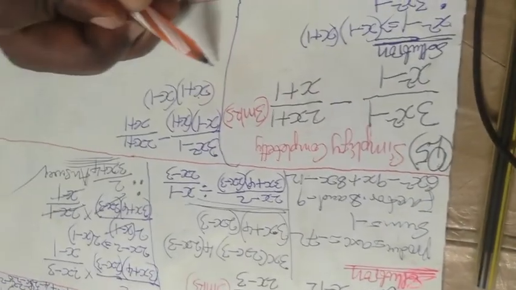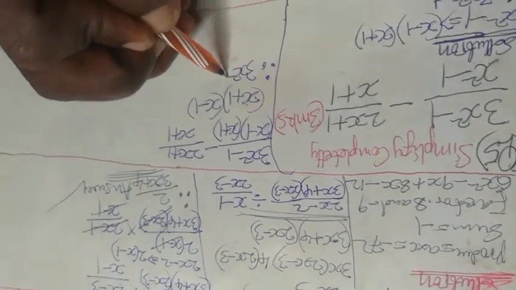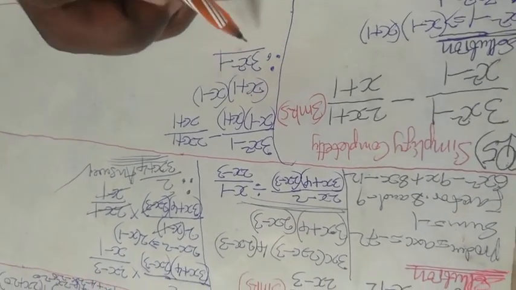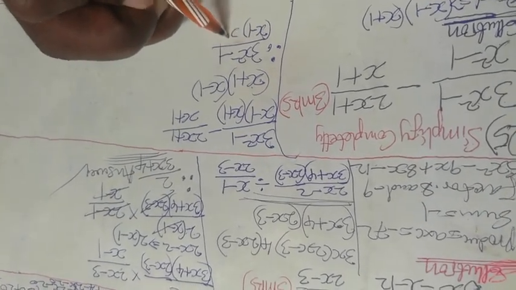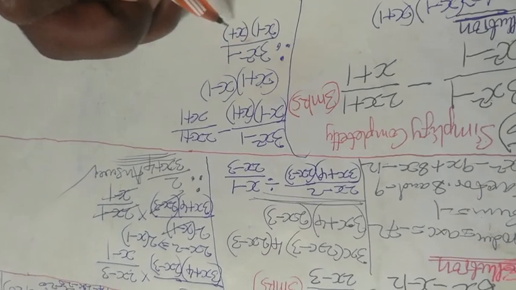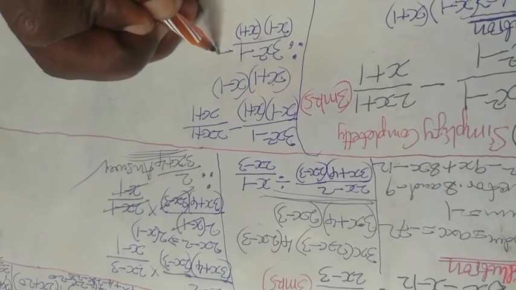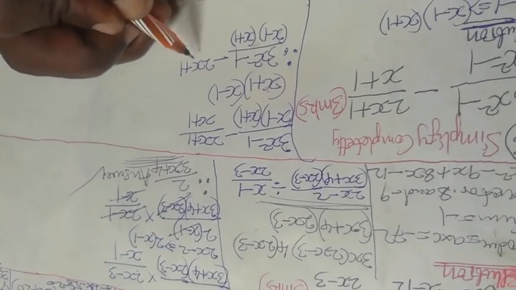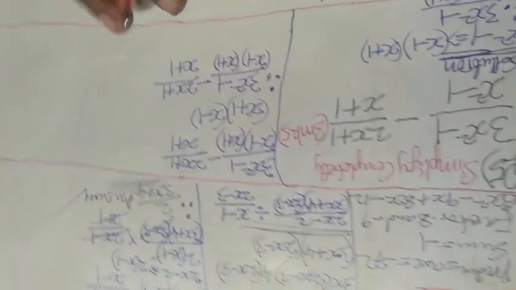Therefore 3x squared minus 1 all over x minus 1 into brackets x plus 1, minus 2x plus 1 over x plus 1.